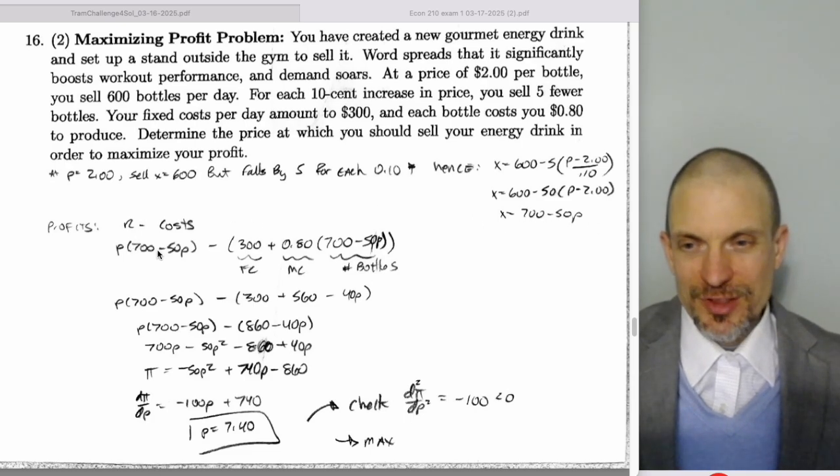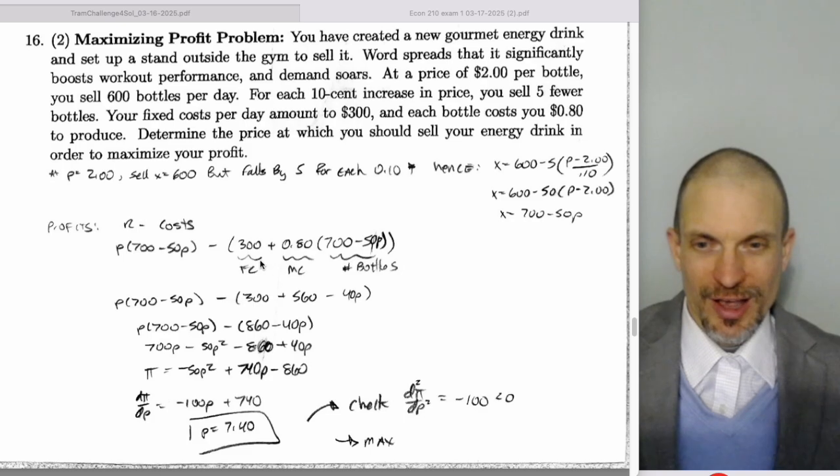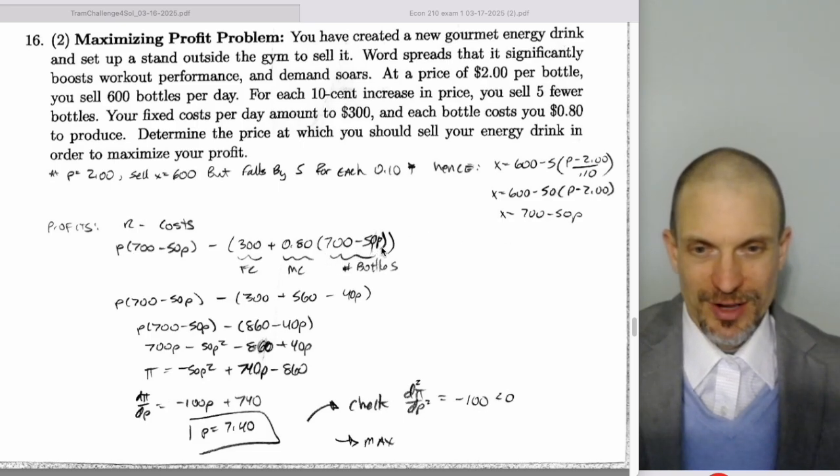I'm going to drop this into the revenue portion, multiply that by p. That gives me revenue, and then minus cost. Here's my fixed cost, 300, plus 80 cents, the marginal cost, times the quantity written in terms of price, which was this 700 minus 50p bottles. Then it's a matter of multiplying through and expanding.